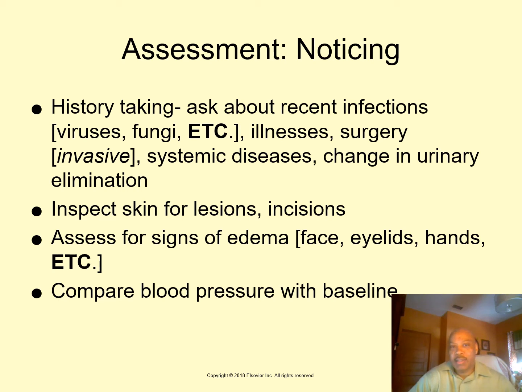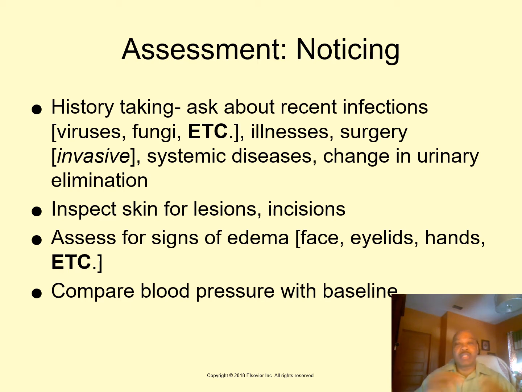We want to also assess the urinary system, such as urine color, amounts, etc. We want to weigh these patients daily because these patients with glomerulonephritis, if they're retaining fluid, do have a tendency of gaining weight. And so we want to know that information and document it. So the blood pressure can be altered due to fluid and electrolyte balance issues and with fluid retention.